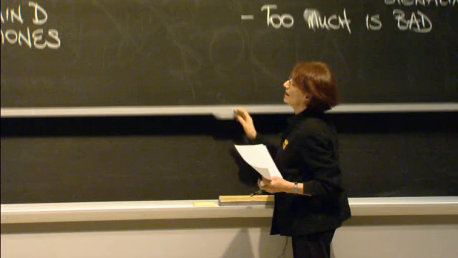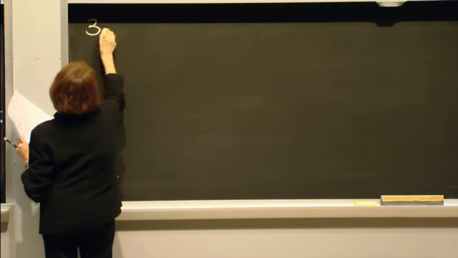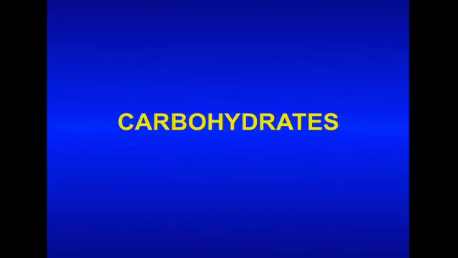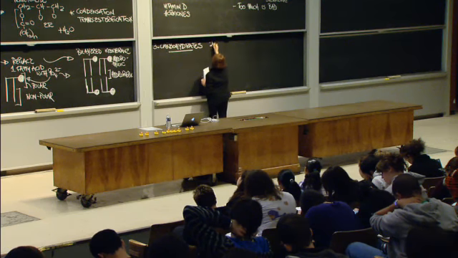Let us move to our third topic today, another fascinating and important set of macromolecules, the carbohydrates. Carbohydrates make up about 25% of the dry mass of a cell.